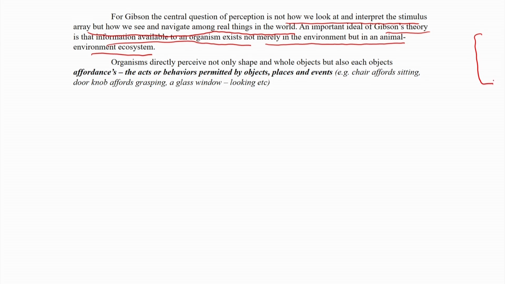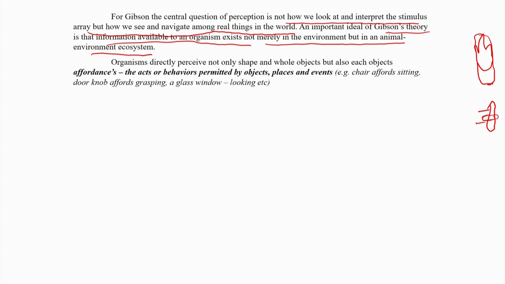If I have a handle like this, it gives you the affordance to put your palm onto it and push, whereas if I have a handle like this, it gives the affordance to hold it and pull it towards yourself, because this requires you to wrap your hand around it, whereas this requires you to push it with this hand. Often people confuse these kinds of affordances.